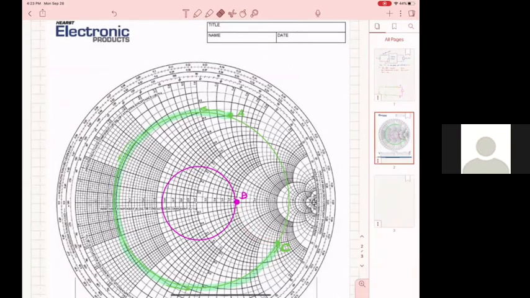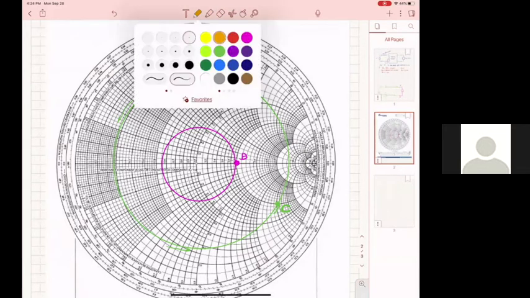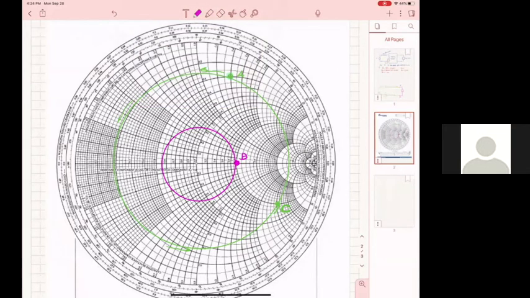I'm going to erase this. I'll keep these VSWR circles, but instead of B, I will move my B point to the anti-diametric opposite, which is here. And that's going to be the admittance at B.